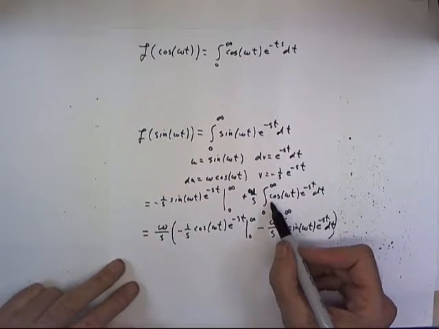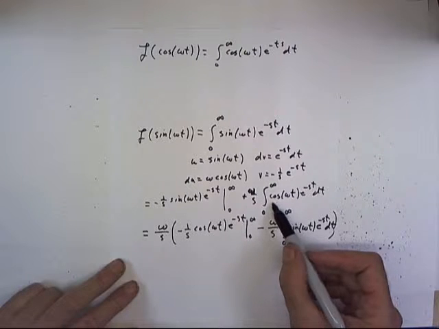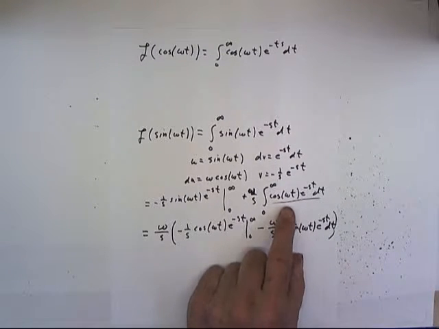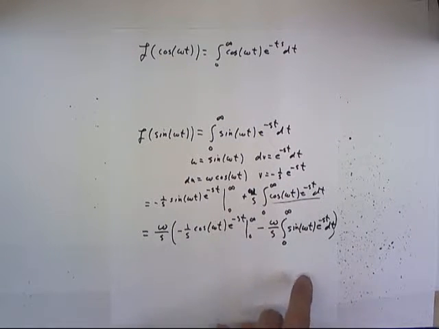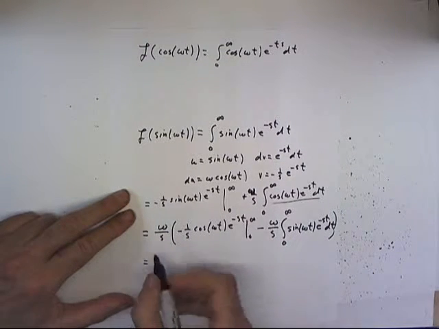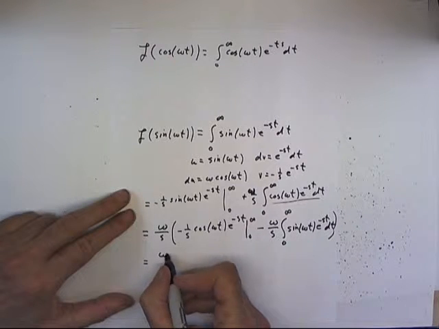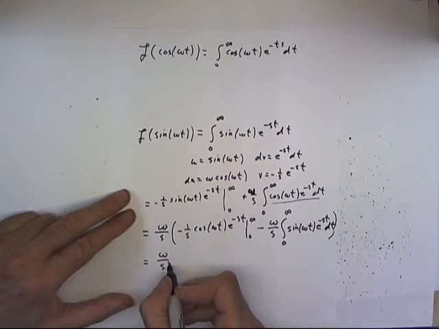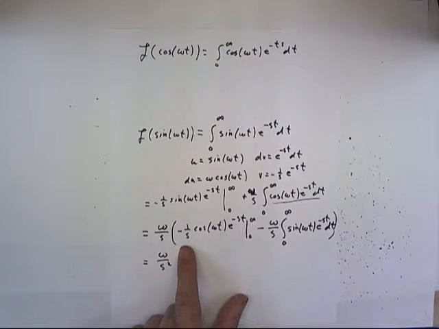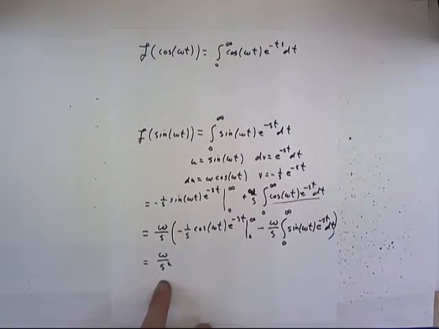Now, I haven't written out the integration by parts on this, but the integration by parts does give us this breakdown. Now we get omega over s squared. The 0 is the lower limit, so we're going to be subtracting, so the negative will give us the positive here.